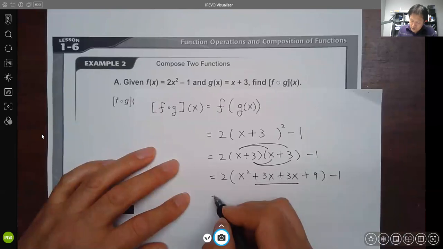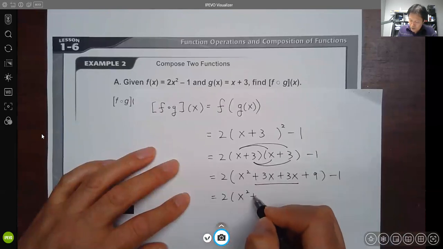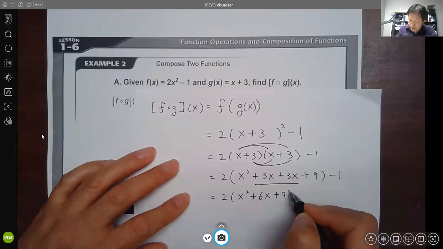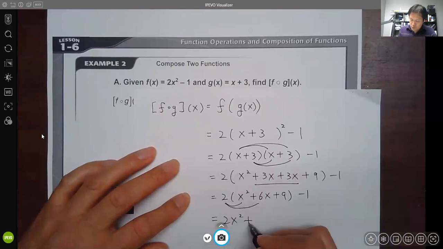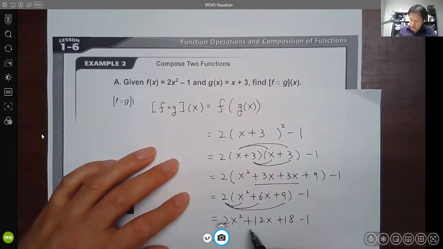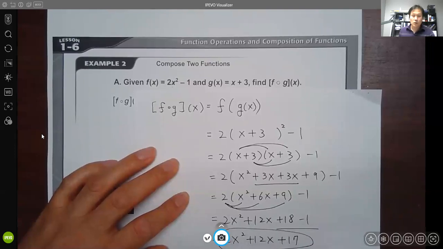Combine like terms here: 2 times x squared plus 6x plus 9 minus 1. Then time to distribute the 2. 2x squared, 12x, 18 minus 1. Combine like terms here. All done.